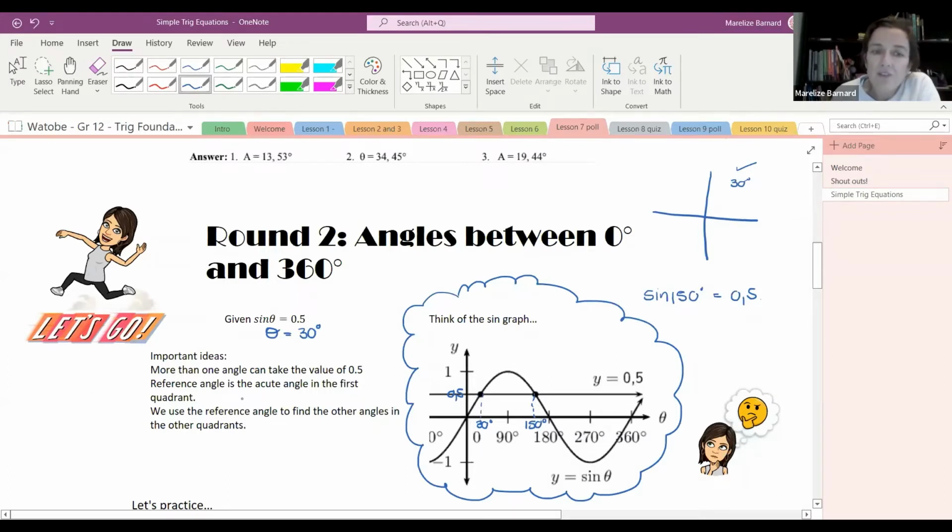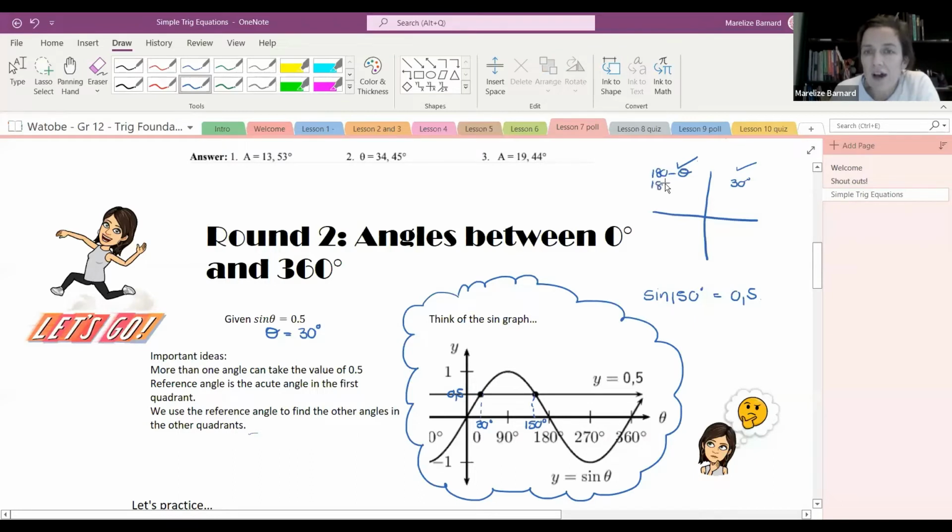So the reference angle, or this 30 degrees, is the acute angle in the first quadrant, and we use that angle to find all the other angles in all the other quadrants. Okay, so let me explain further. So if we want to know in the second quadrant, remember the second quadrant is 180 minus theta.